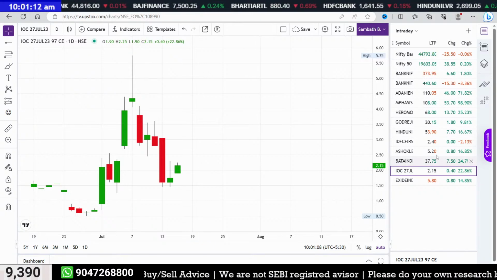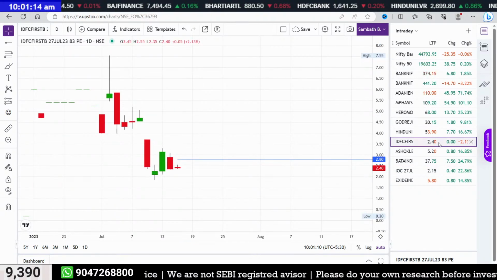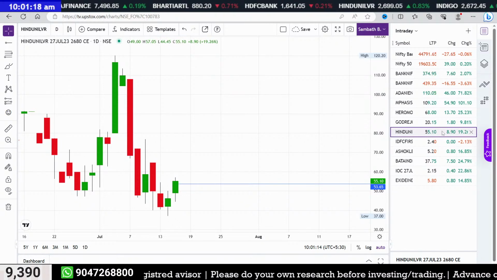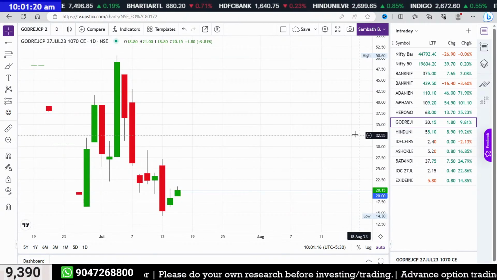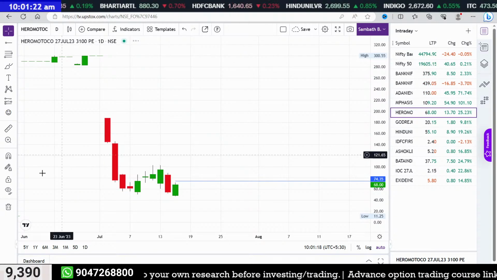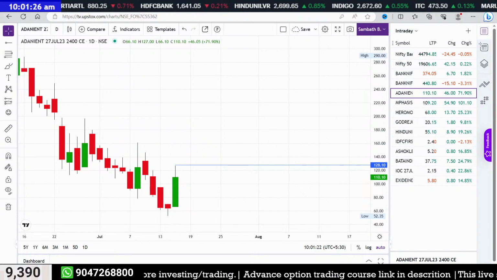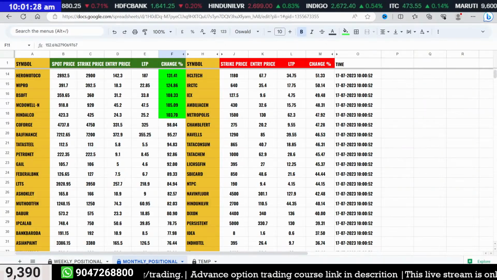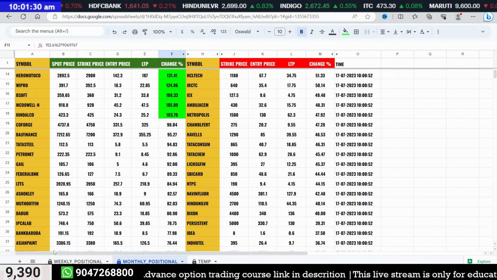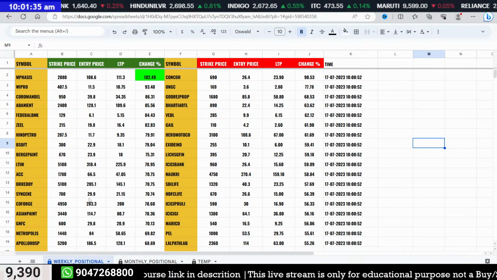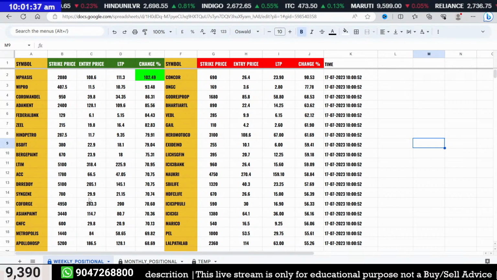IOC let us go for 2.2, HDFC 2.8, Hindustan Unilever 53, Godrej maybe not liquid one, Hero MotoCorp above 74. This would be a weekly. So we find some weekly opportunities, and I think MPS and Wipro are nearing that weekly breakout.